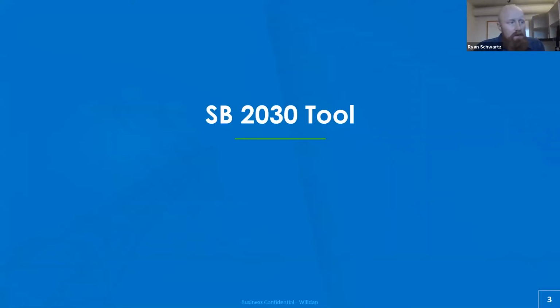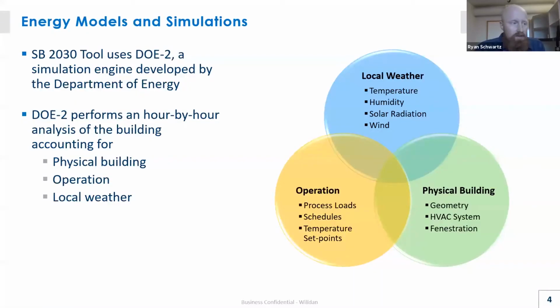So just to start out with the SB 2030 tool in general, for those that have used it or those that haven't, it's a tool that is based on DOE-2 simulations developed by the Department of Energy.